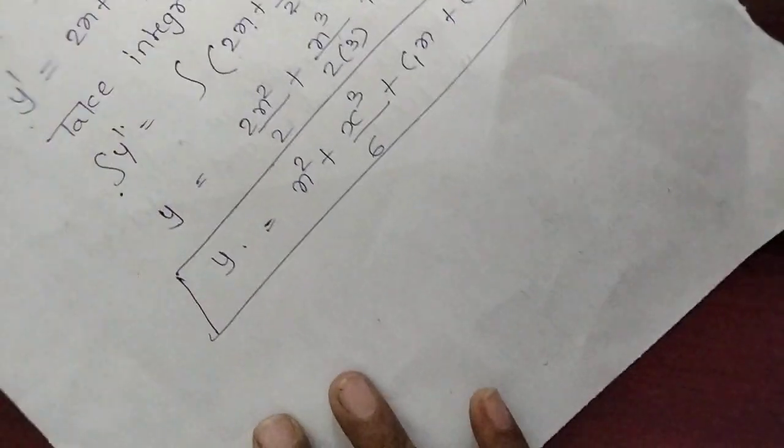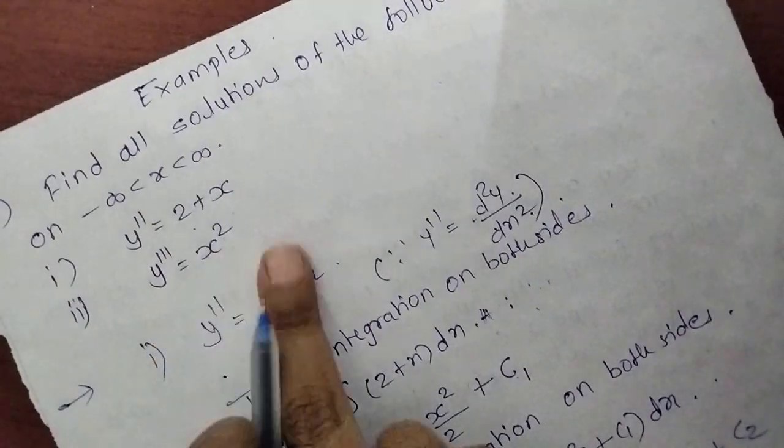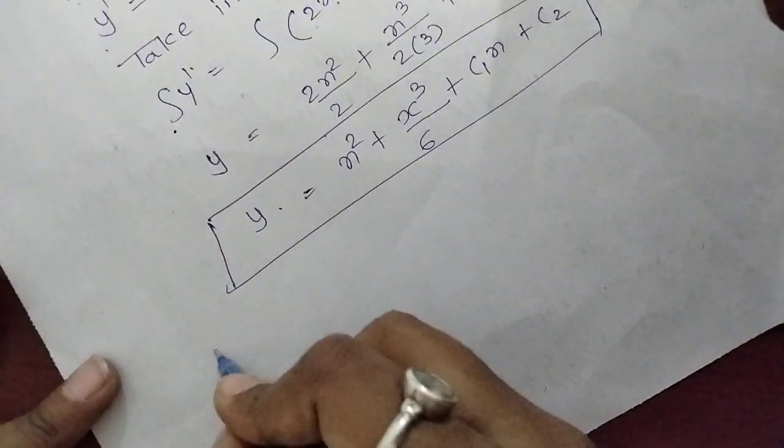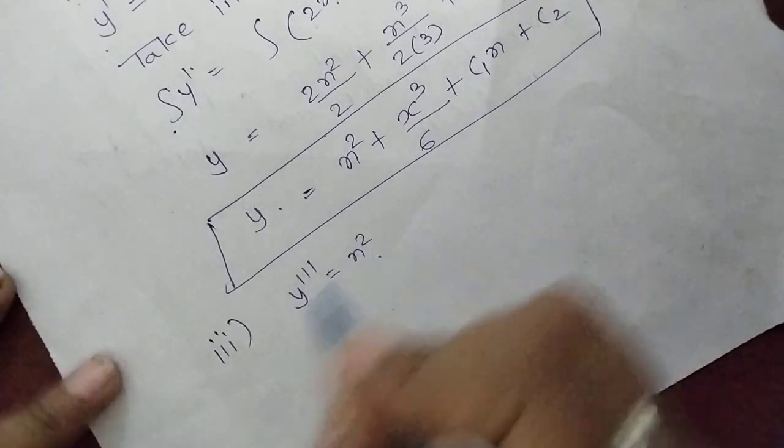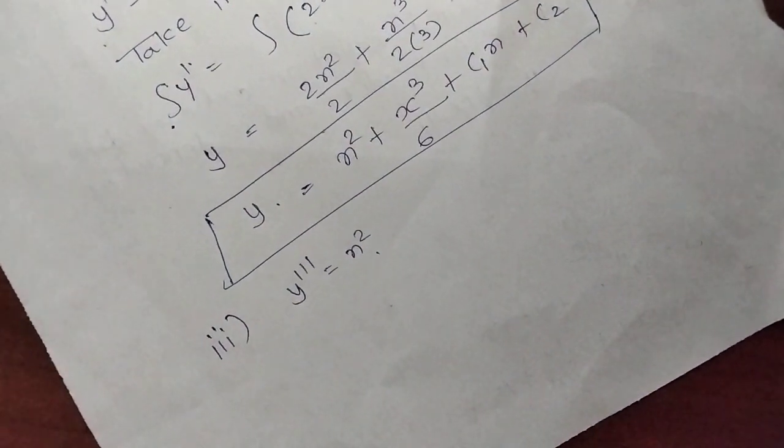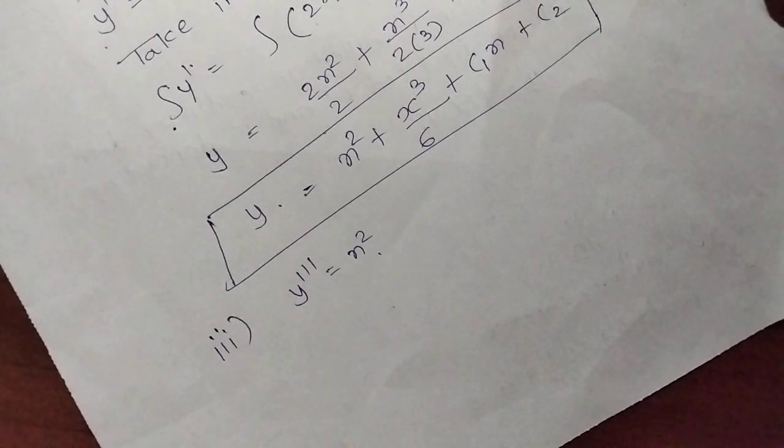Now next example, y triple dash is equal to x square. Think on it. How can we solve? Same method as example first.